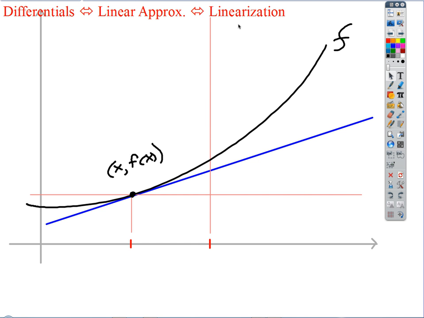Here's the idea. If we've got some function, f of x, we can use a linear approximation. Calculus can help us to build a linear approximation of that function that works locally. A lot of times it's easier to use a linear function than a curvy function, because curvy functions have more complicated formulas.